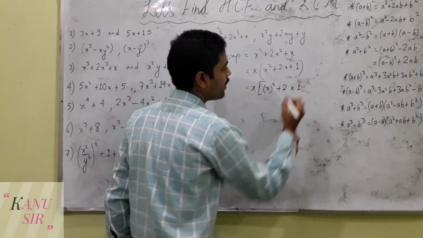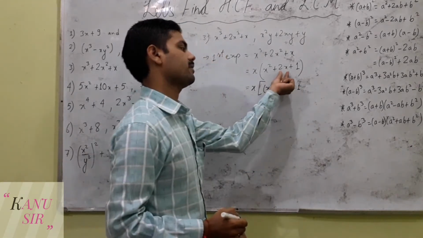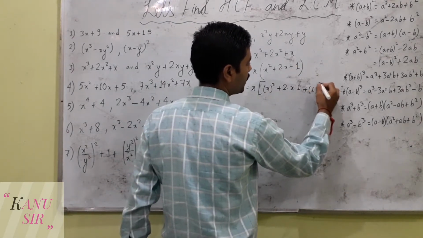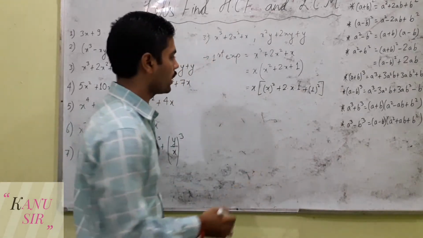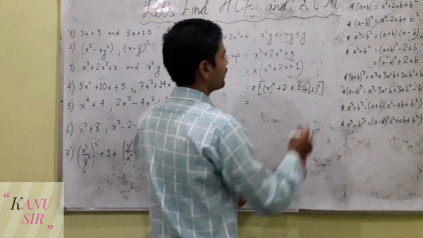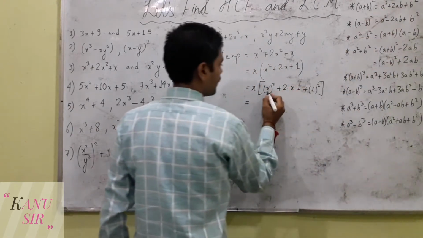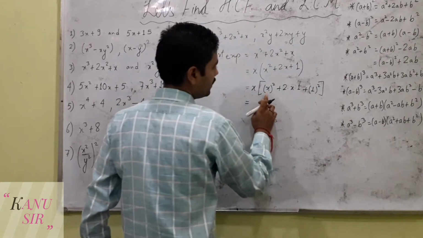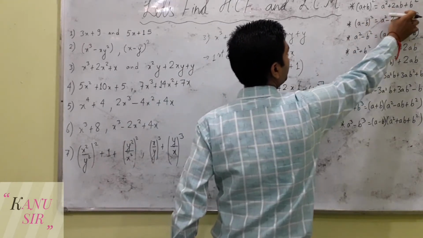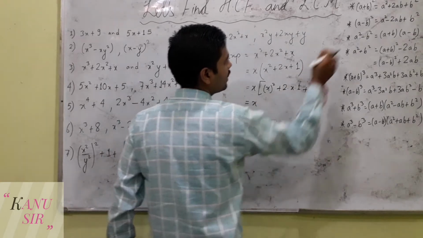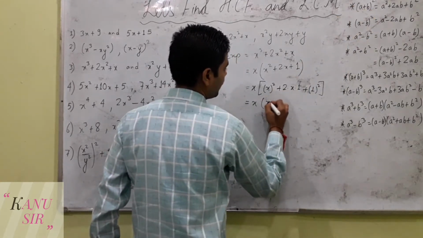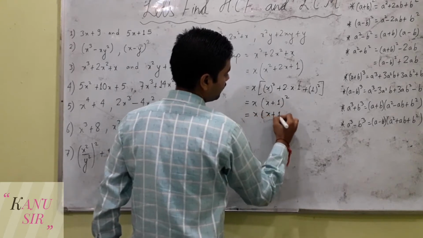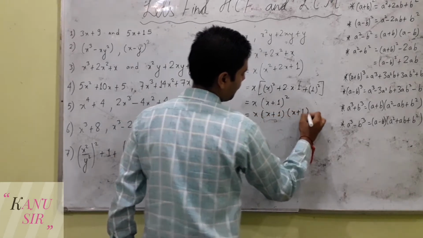We can put 1 from our side, so the term equals 2 times x times 1, and we can put 1 as 1 square, because the square of 1 is also 1. Comparing with the formula, x is taken as a and 1 is taken as b. If they match the formula a square plus 2ab plus b square, then we can write them in the form (a plus b) whole square, that is (x plus 1) whole square. So the answer will be x times (x plus 1) times (x plus 1).